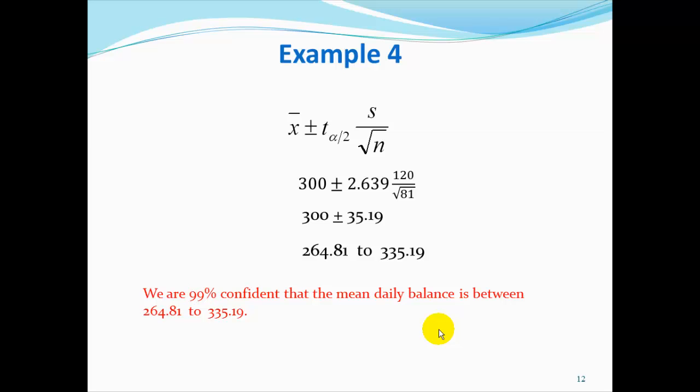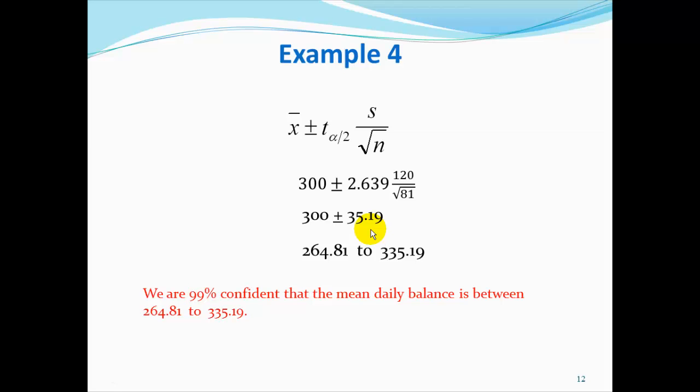So if we plug all of our information into this problem, our x bar is 300, our t alpha over 2 is 2.639, our S value is 120, and our n value is 81. Now, if we compute the error section of this problem, we obtain 35.19.